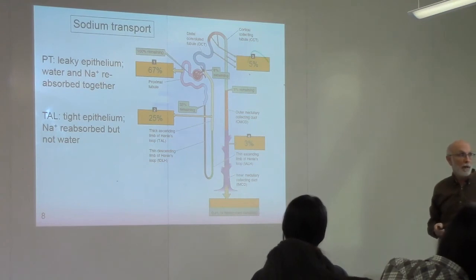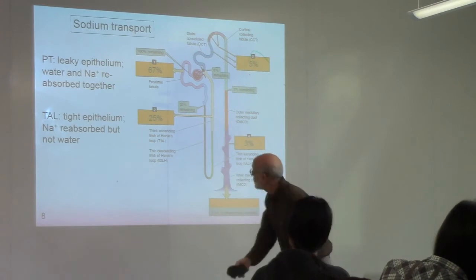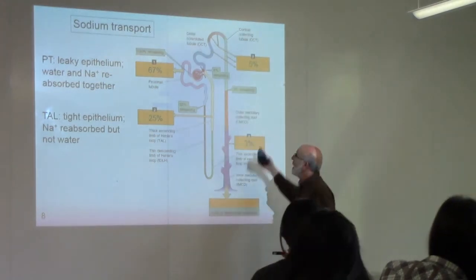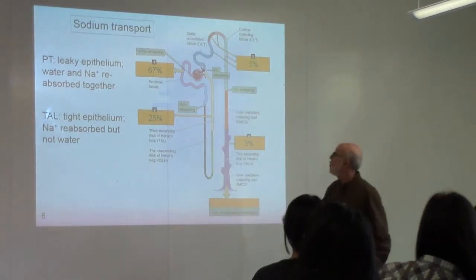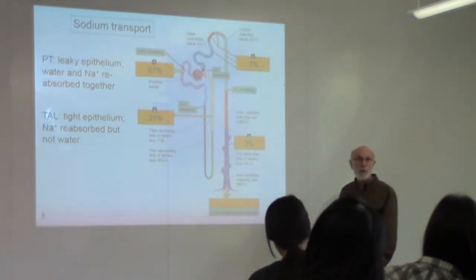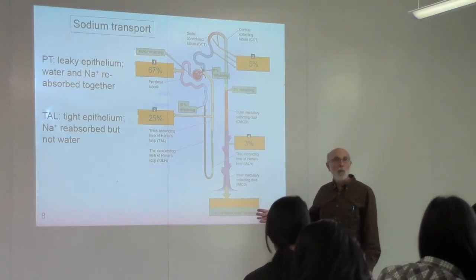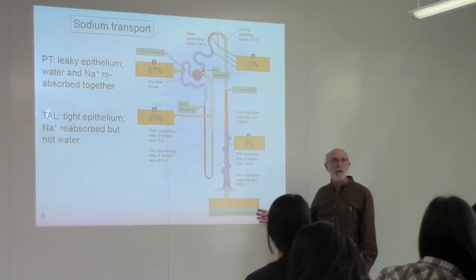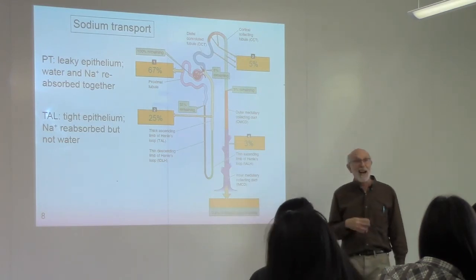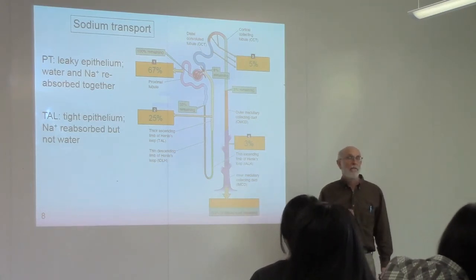The distal tubule contributes about 5% of the sodium reabsorption, and the collecting tubule, both the cortical and the medullary collecting tubule, contribute to sodium reabsorption until what is excreted in urine is only about 0.5% of what was filtered. We reabsorb 99.5% of the sodium that was filtered.